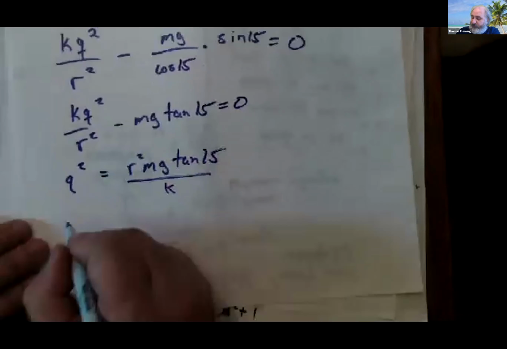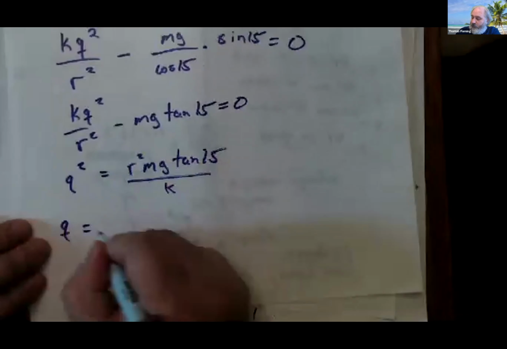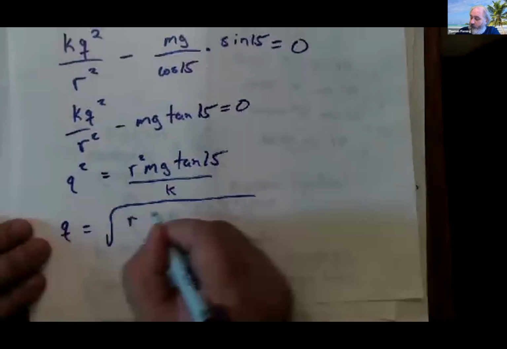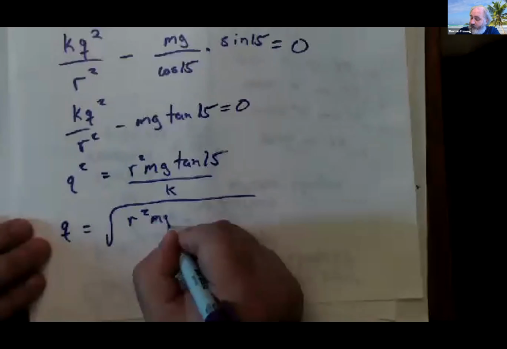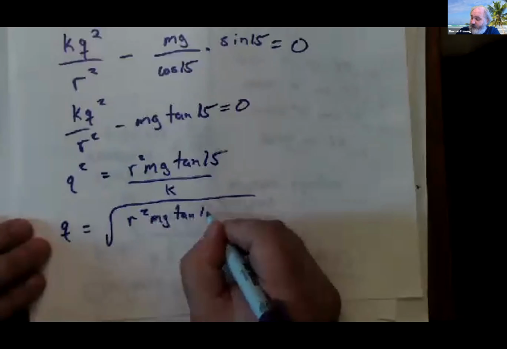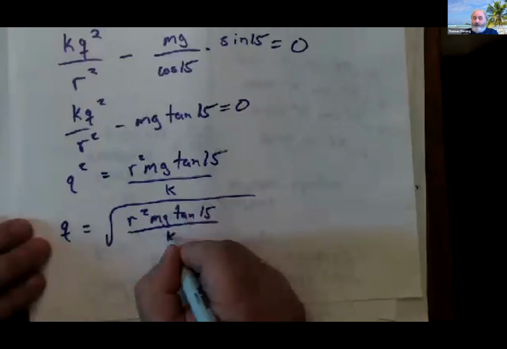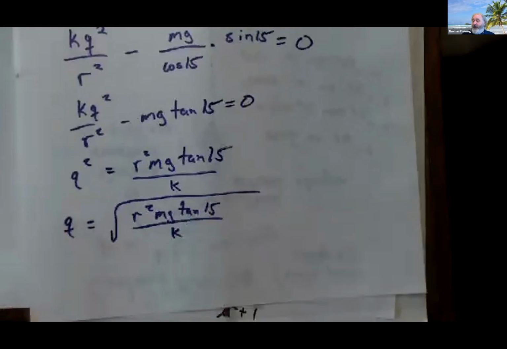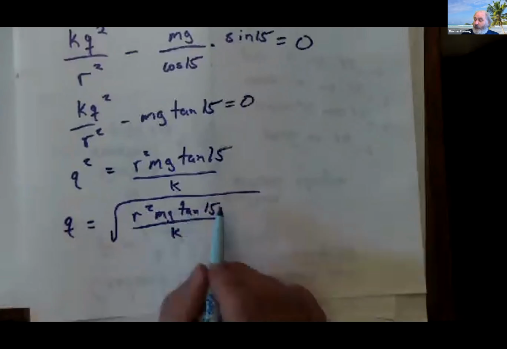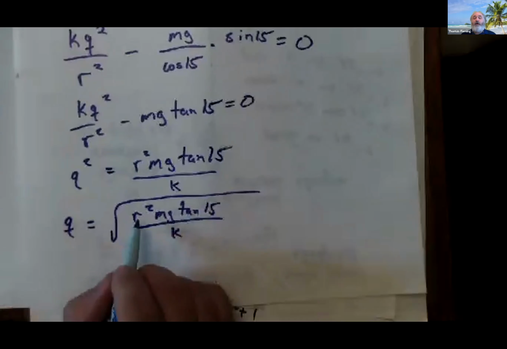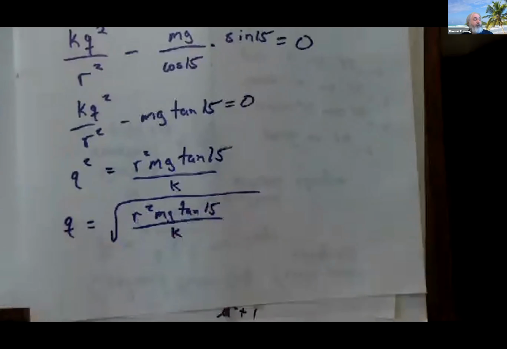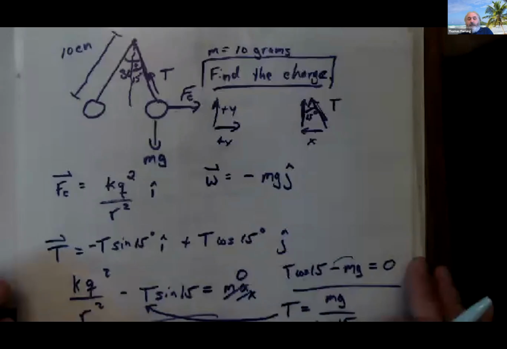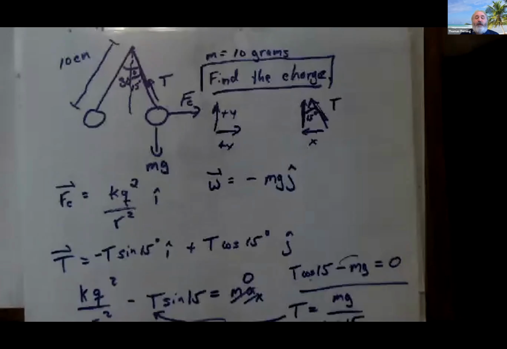And of course, that means Q equals the square root of R squared mg tan 15 over k. Everything in here I have a number for except R. I need R to get out of here somehow. So let's go back to my original diagram. How am I going to figure out R?